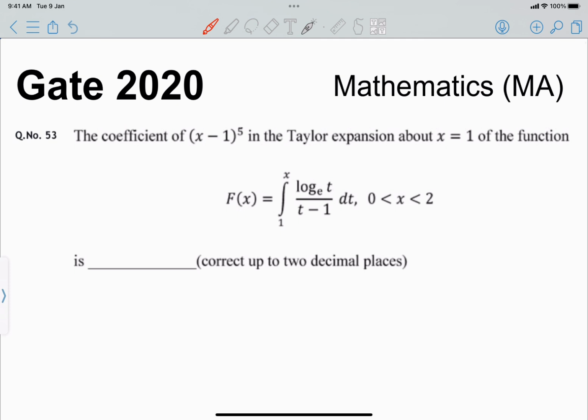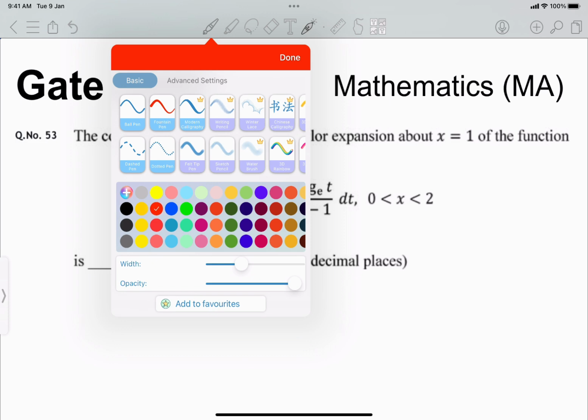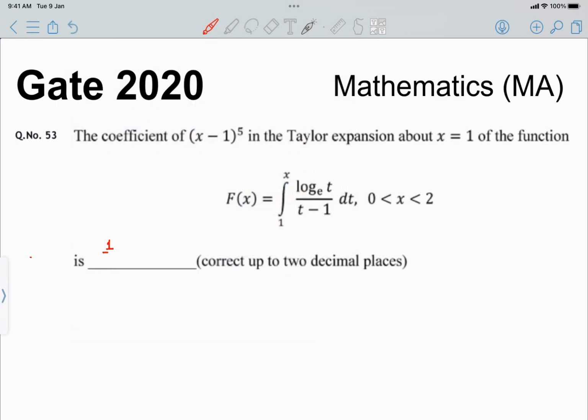So the answer is 1 by 25, correct up to 2 decimal places. So 1 by 25 is 0.04.